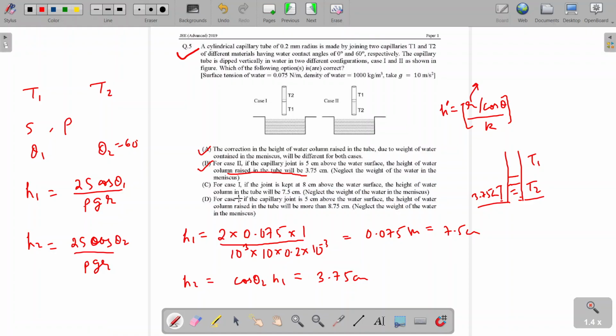Option C. For case 1, if the joint is kept 8 centimeter above, now T2 is kept above.